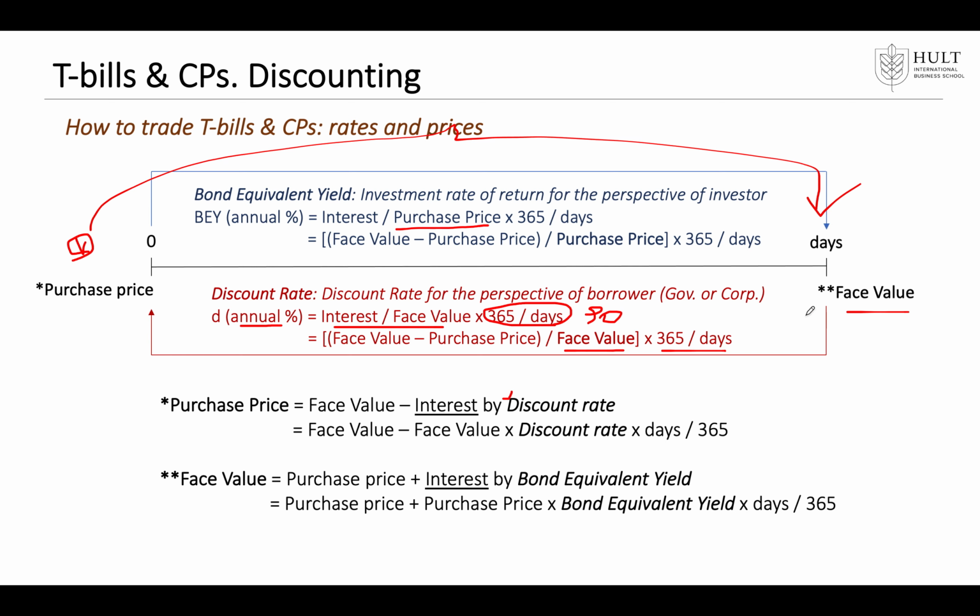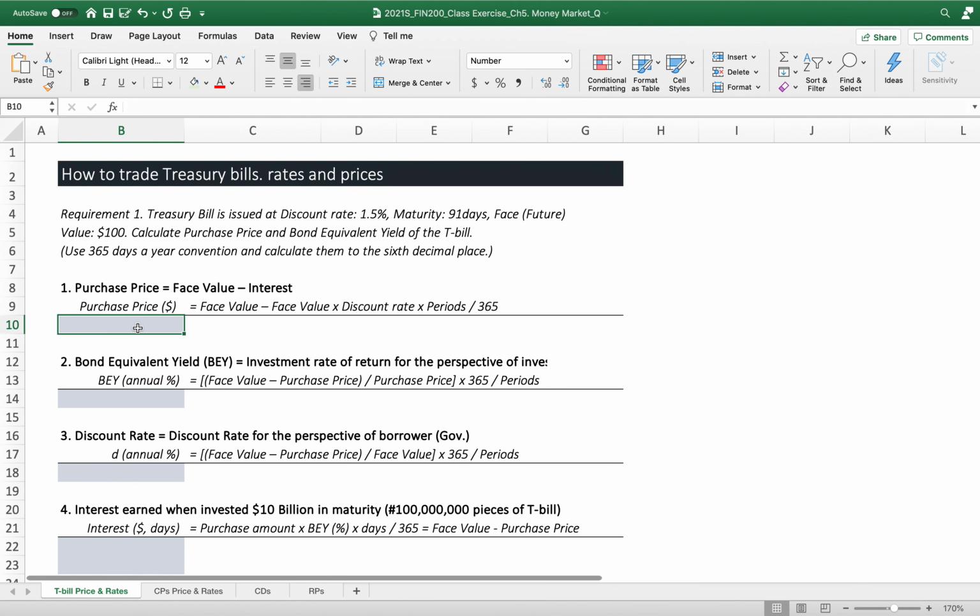When you start from the face value in the future, at maturity, we need to come back to the present, so we need to use the discount rate. Here you go, the discount rate. So let's calculate how to get it. What is the face value?